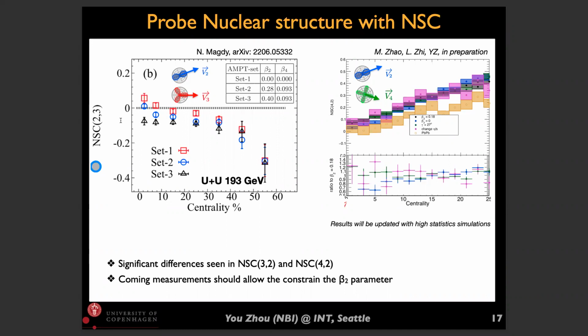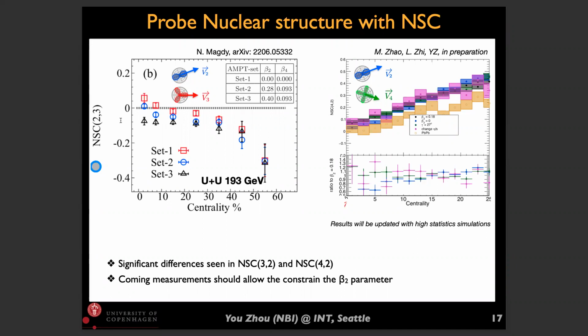A very similar result on the right-hand side, but now I'm talking about the correlation between V2 and V4, which is positive everywhere. It's a very messy plot, but if you look at the ratio between beta 2 equals 0 and beta 2 equals 0.18, the blue points, you will see a significant decrease in trend, which tells you there's a much larger correlation in the deformed nuclei compared to the calculation without deformation.